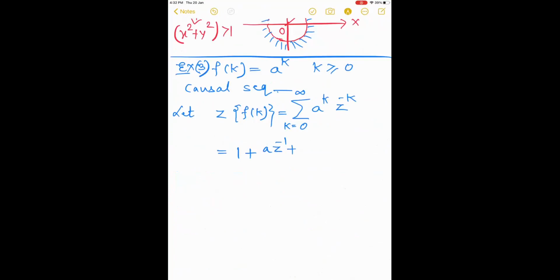If I put k equal to 2, it will be a square z raised to minus 2, or I can write this as a z raised to minus 1, whole squared. If I put k equal to 3, I get a z raised to minus 1 cubed, and so on. Correct? So can you identify this series?